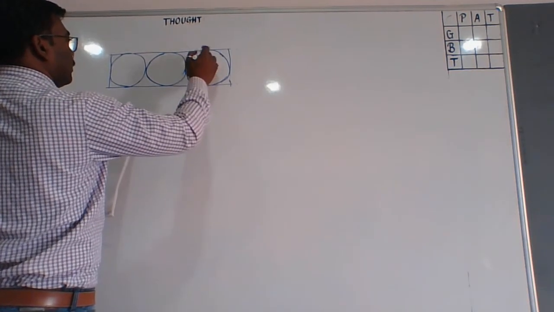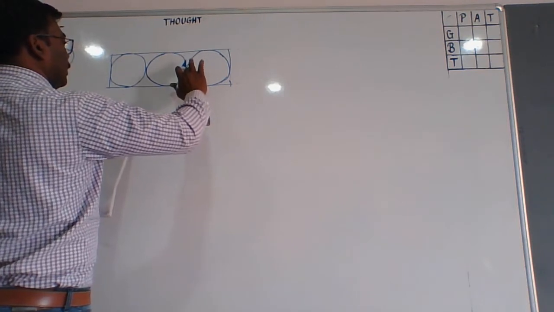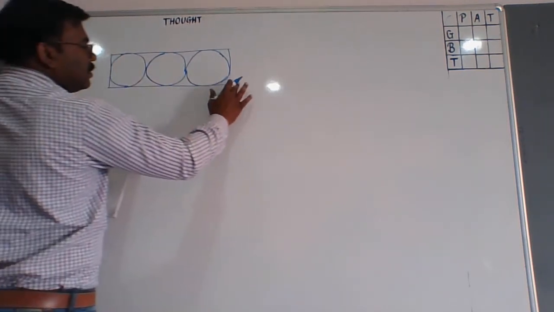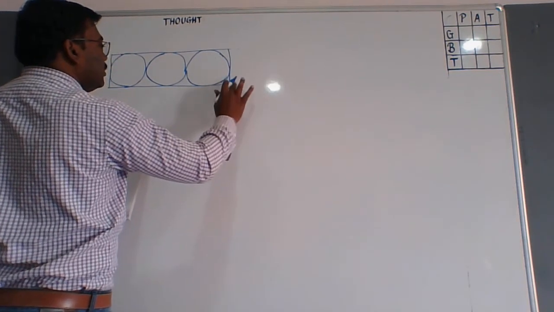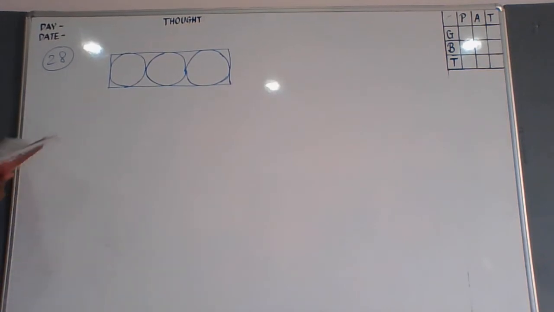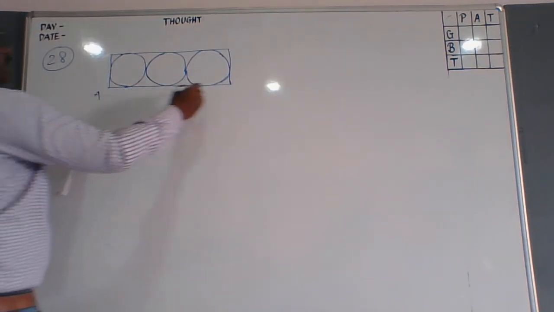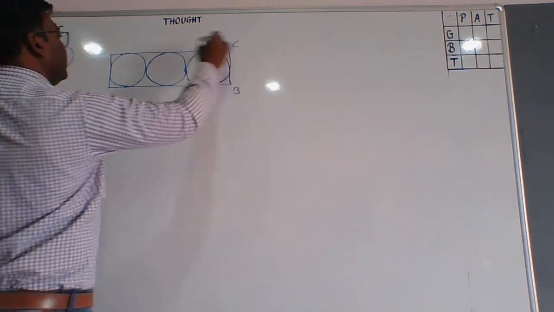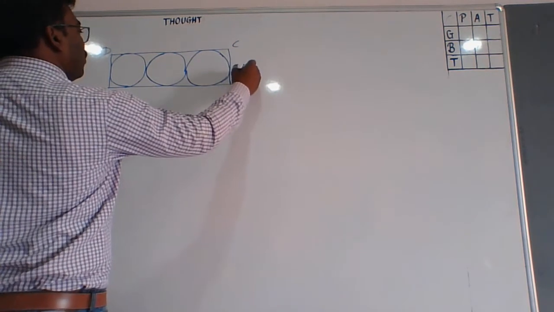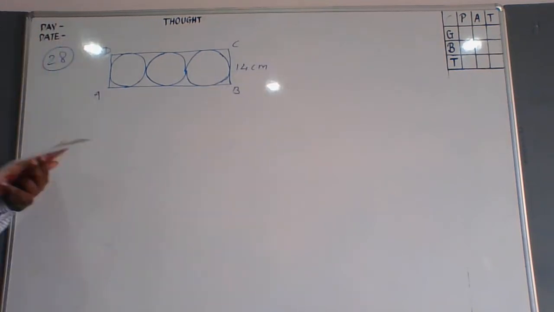The diagram is not that good, but understand there are three circles. The name of this rectangle is A, B, C, D. The given thing is the length of BC, 14 centimeter.